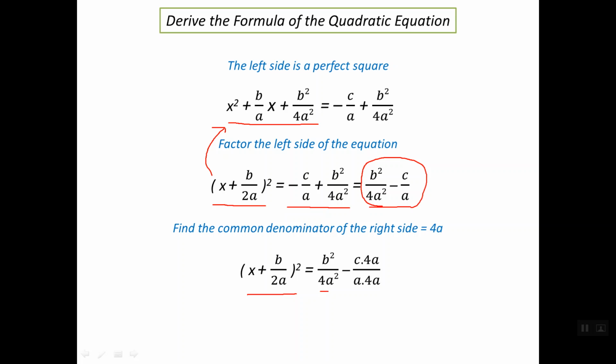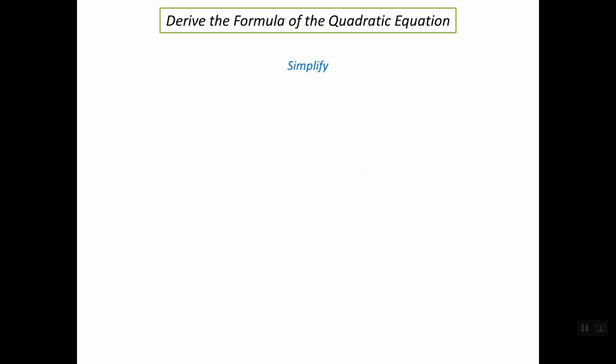The first term at the right side stays the same. Regarding the second term, we multiply both the numerator and the denominator by the common denominator. So we have c multiplied by 4a and a multiplied by 4a.